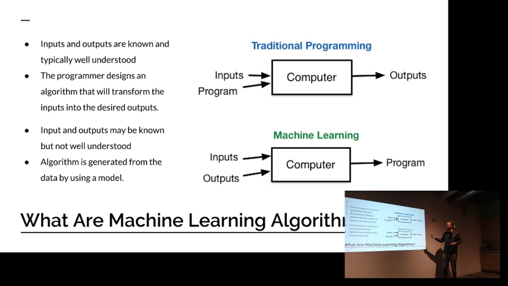But with machine learning, your inputs are your training data set, and your machine learning program generates the actual program that does the task you're looking to do. So this could be spam classification: your inputs are your spam emails, and the outputs are the correct labels for those emails, so whether they're spam or not. And what comes out is a program that can actually determine if things are spam or not spam.